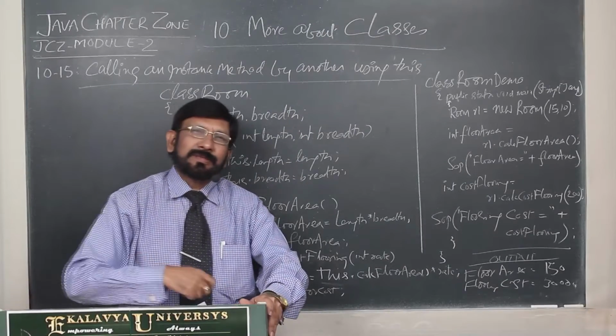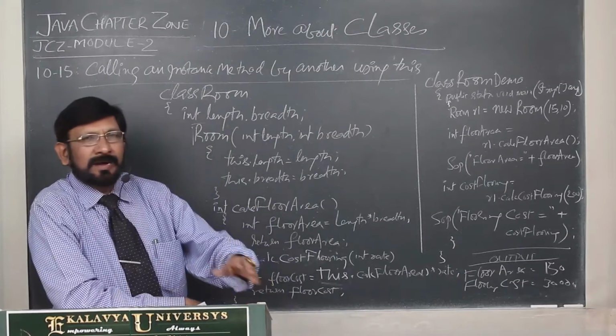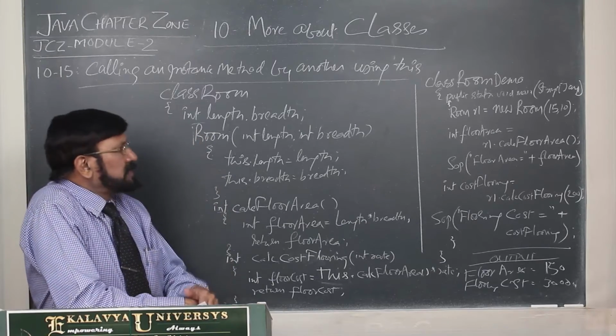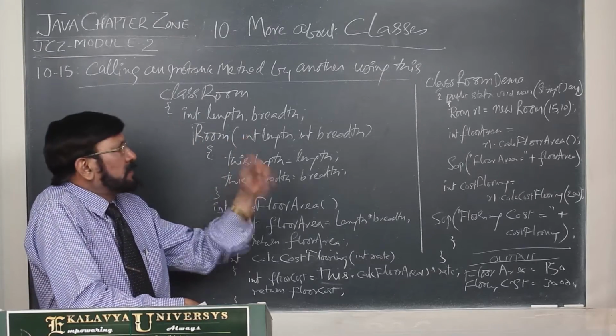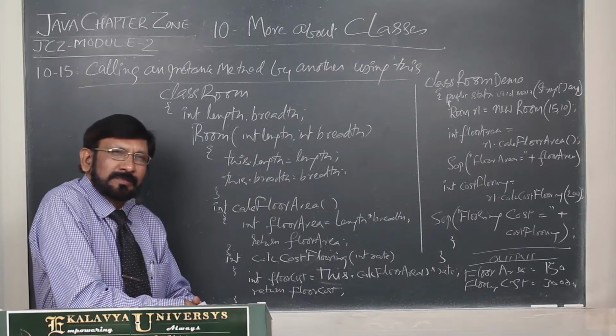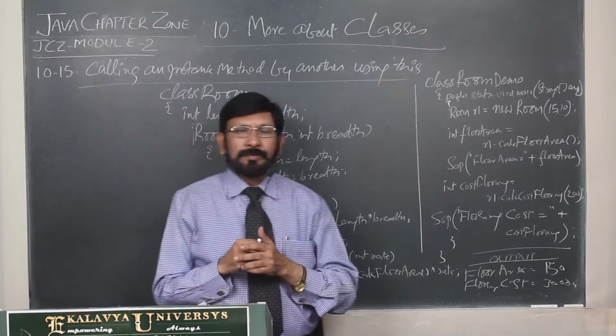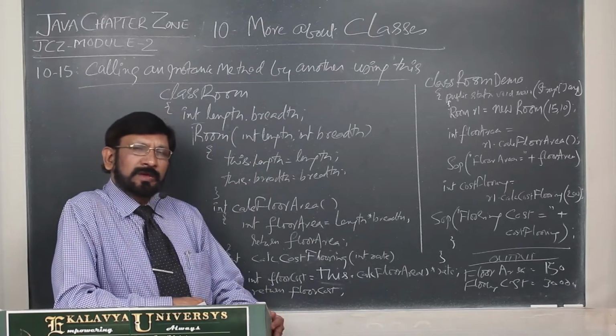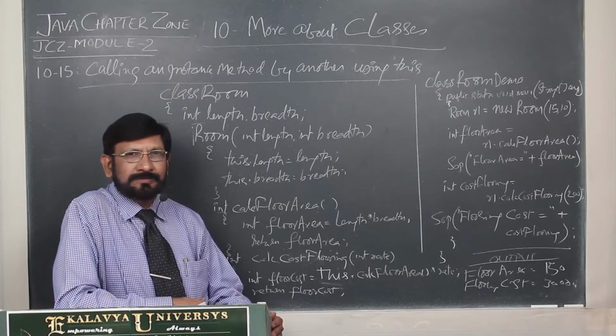Hello friends. Now let us take up concept number 10.15, calling an instance method by another using this. Normally, when we define a class, we may define more than one instance method.